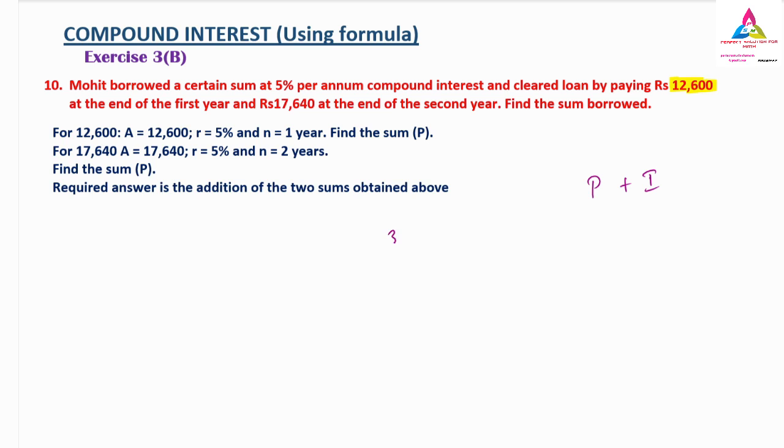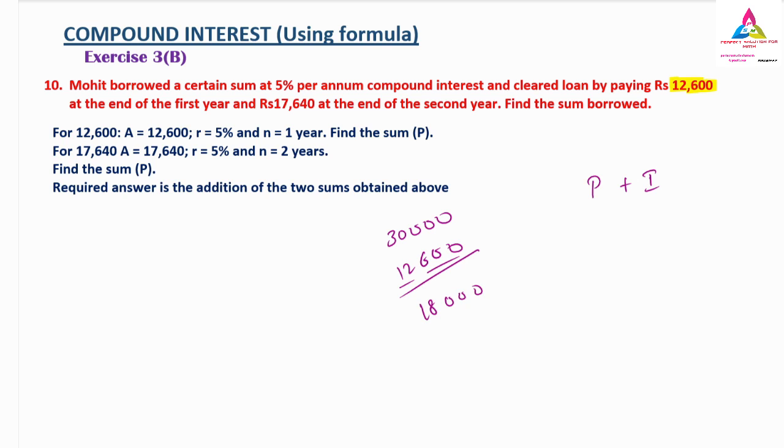For example, if he takes 30,000 rupees as the principal amount, in this he is paying 12,600. That 12,600 is not only principal, it also contains the interest. Maybe 12,000 is the principal amount and 600 may be the interest.